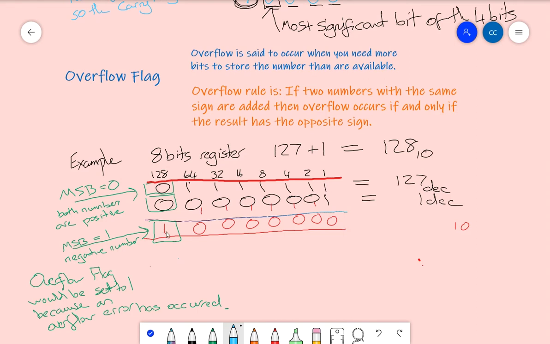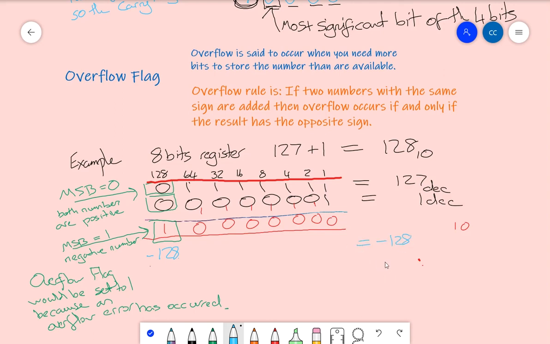So, in 2's complement, the most significant bit of the range of bits that are being used is always negative. So we're using 8 bits, so that means the 2 to the power 7 place has a value of negative 128. We're not adding anything else to it. So that means it's negative 128.